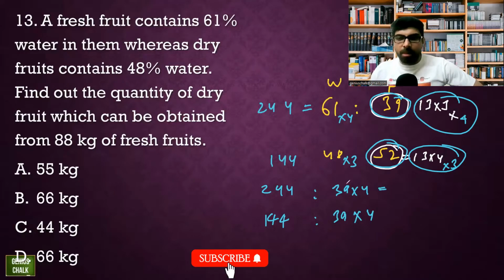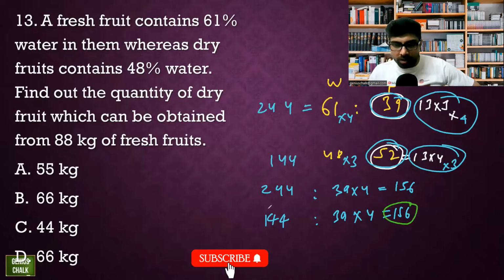How much is that? 40 into 4, 160. 160 minus 4 is 156. So what is the total we require? The quantity of dry fruits. We need to find this total.